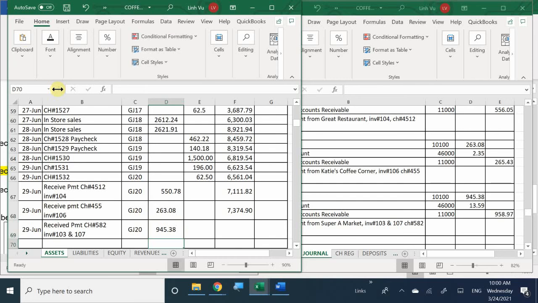Okay. So what is my account balance here? 832020. Good.